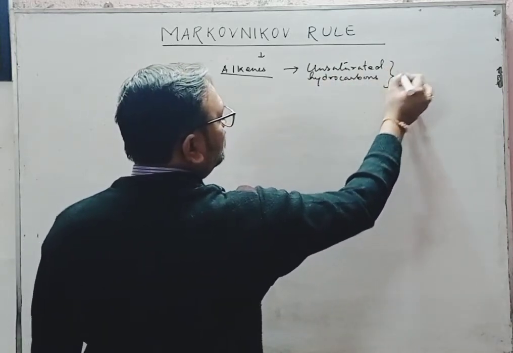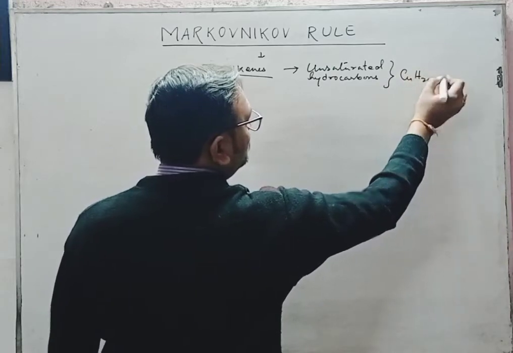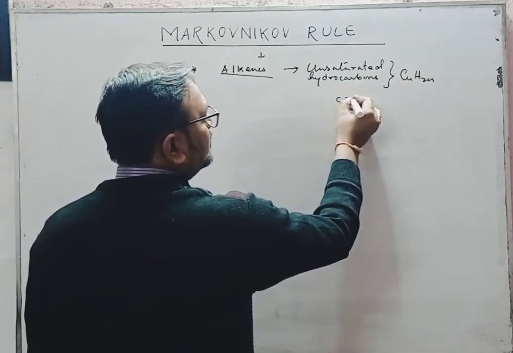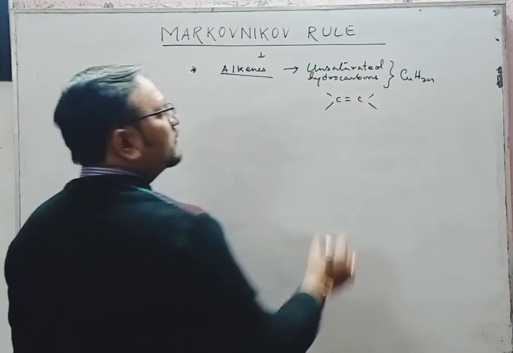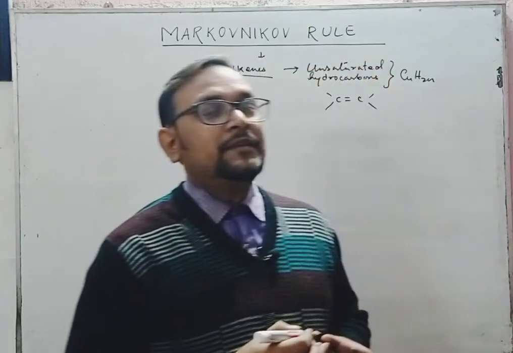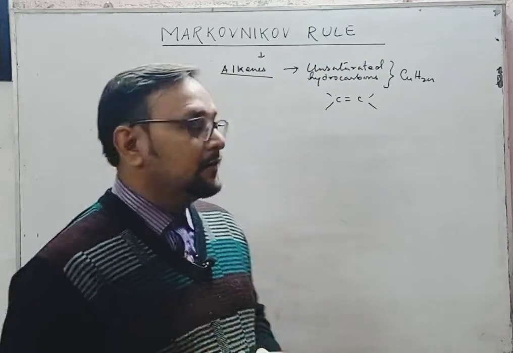They have a common formula of CnH2n, and what is very important is the double bond between carbon and carbon. So this rule is applicable for alkenes.